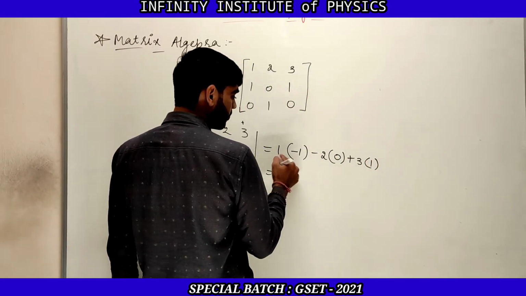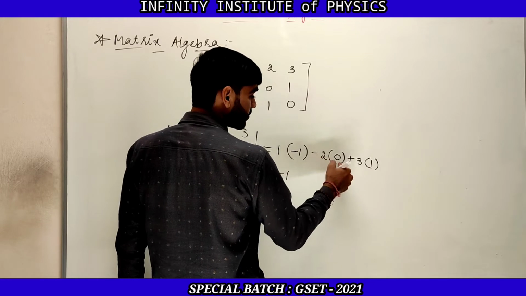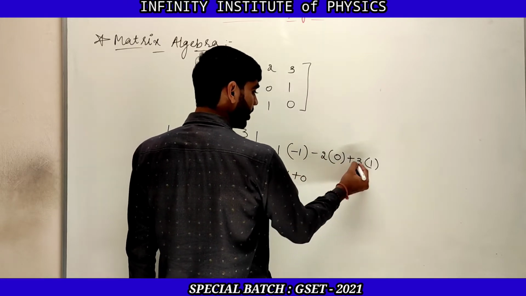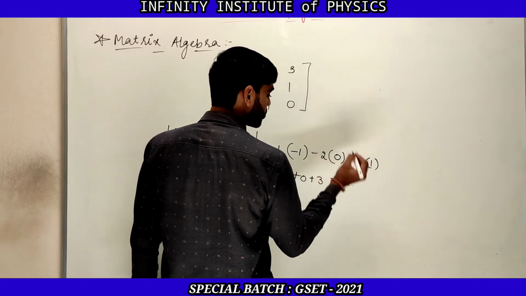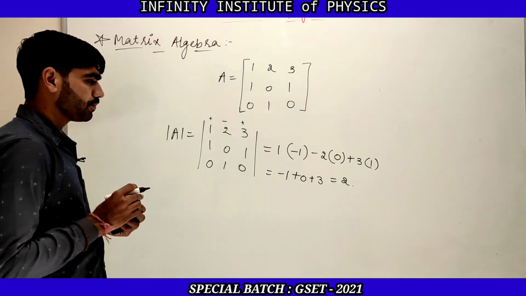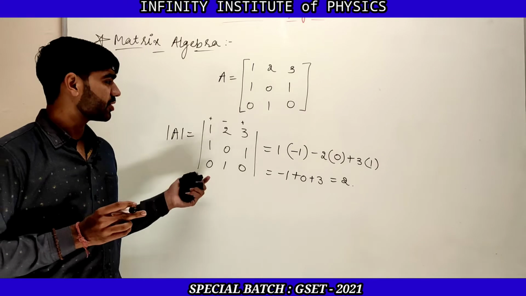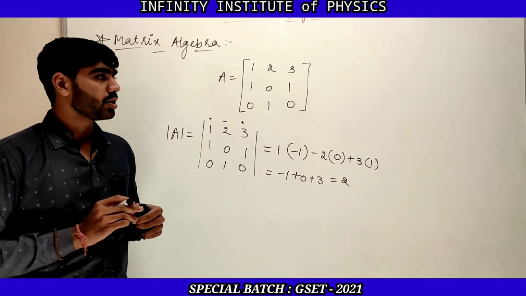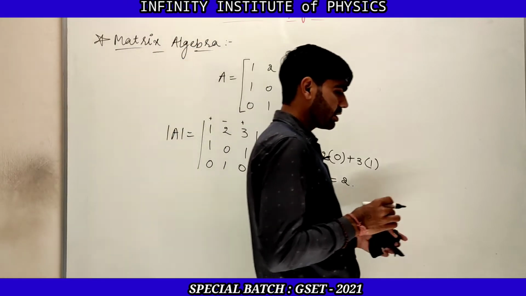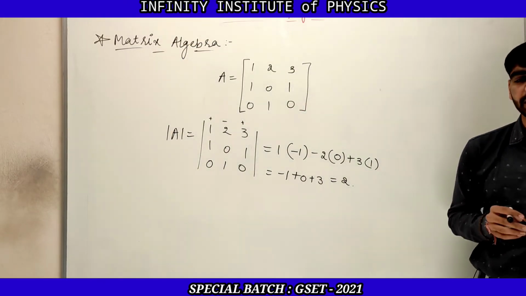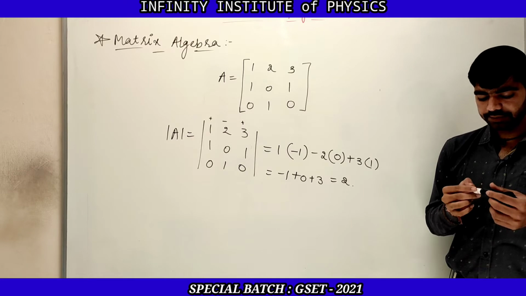So this is minus 1, this is minus 2 into 0, so it is 0, and plus 3 into 1, so it is plus 3, so 3 minus 1, and that is 2. So 2 is the determinant of that given matrix. Clear? So 2 is the determinant of the given matrix.